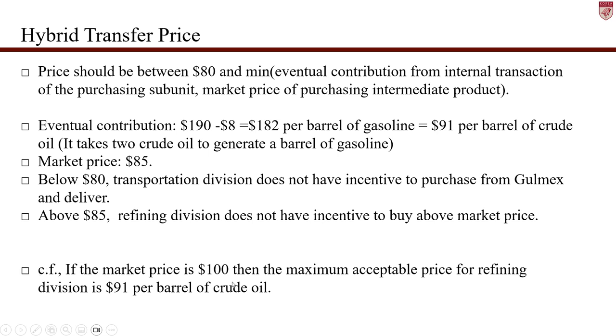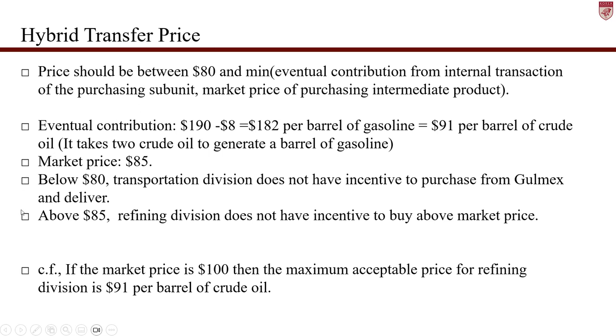If the market price is $100 instead of 85 and the contribution remains 91, then the maximum acceptable price for the refining division is going to be $91 per barrel of crude oil instead of the market price of $100, right? And think about why. If the market price of $100 is going to be the maximum, then the refining division may actually lead to a loss, right? Think about the same example that I've shown you earlier, okay?